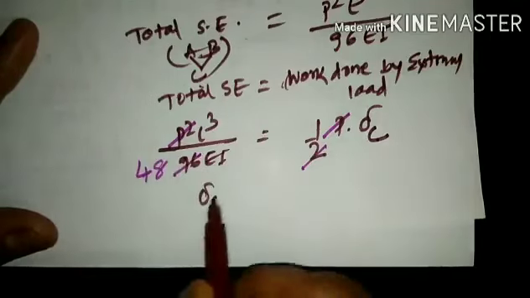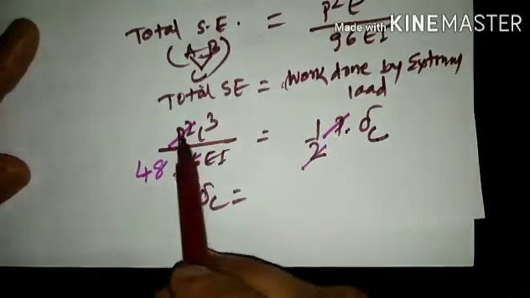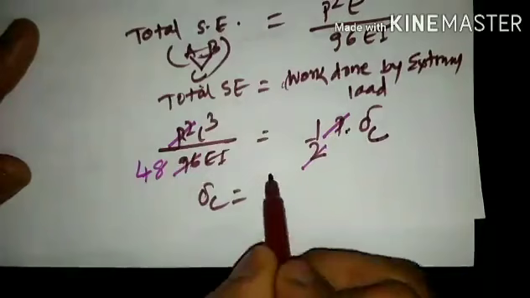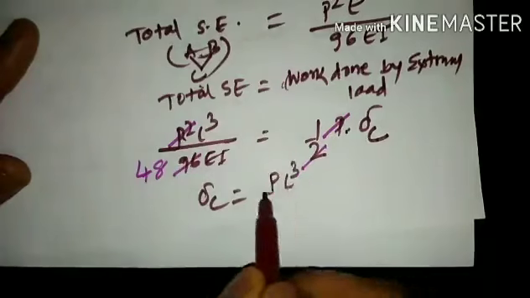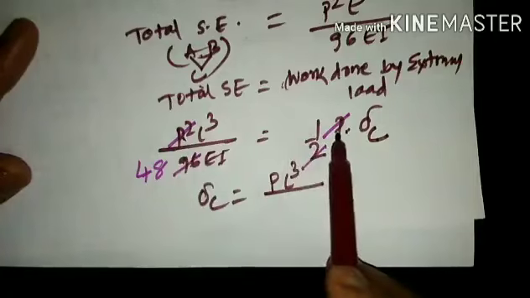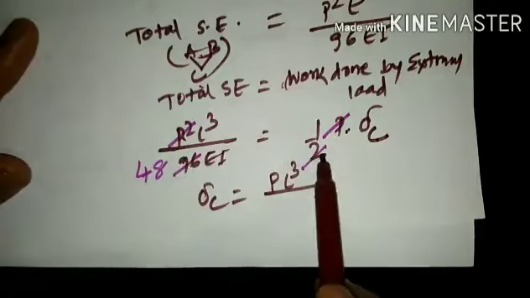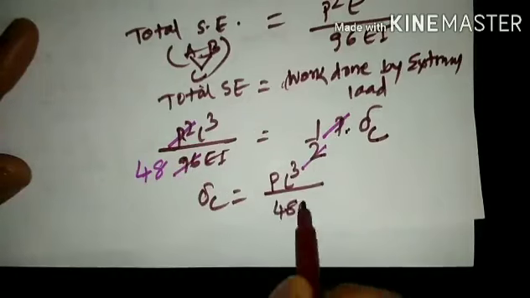So delta C value will be, see here it is P on the right hand side, P square on the left hand side. So what is left out in the numerator will be PL cube, because one P square has been eliminated because of the term towards the right hand side. In the denominator, 96 has been halved because of the 2 in the denominator here. So this is 48 EI.